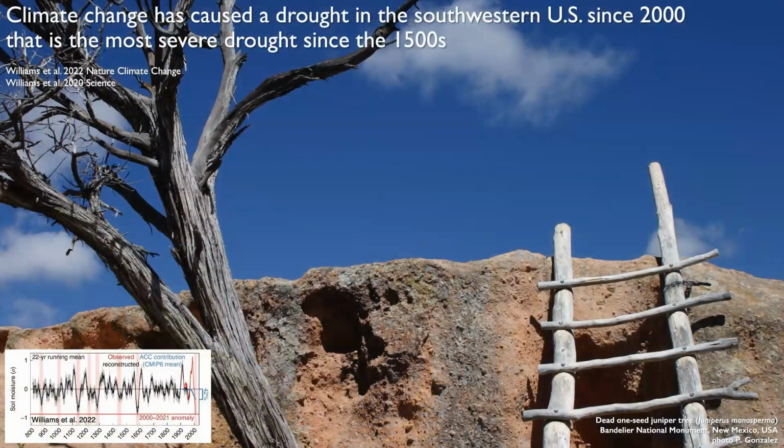In Bandelier National Monument and across the southwestern United States, including Utah, anthropogenic climate change has caused a drought since 2000. That's the most severe since the 1500s.